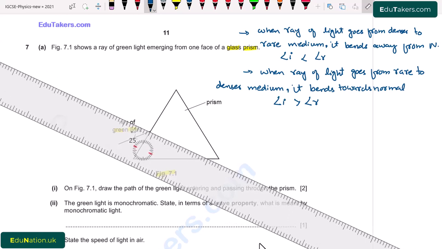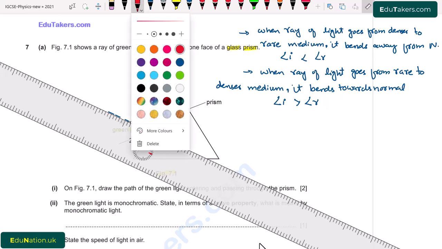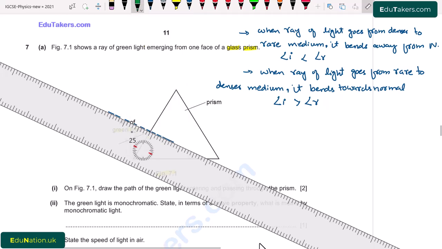The normal to this surface will be at this point, and I represent it with this one. Here green light is used, that's why I use green. So this is normal to this surface.